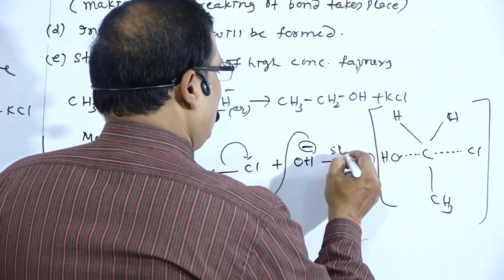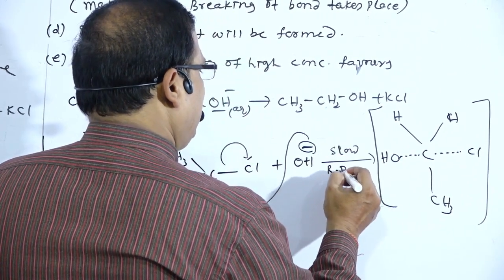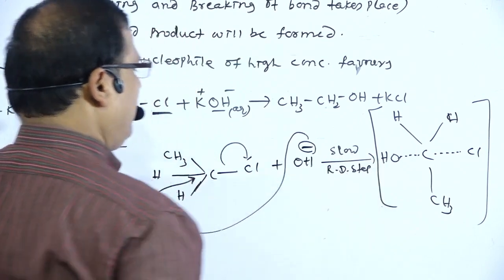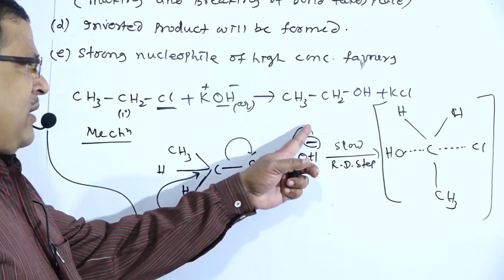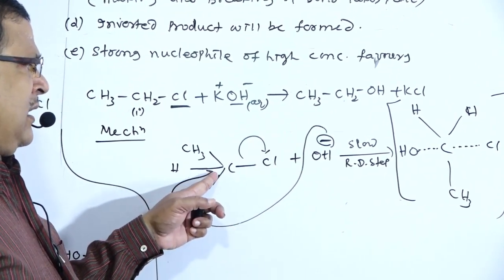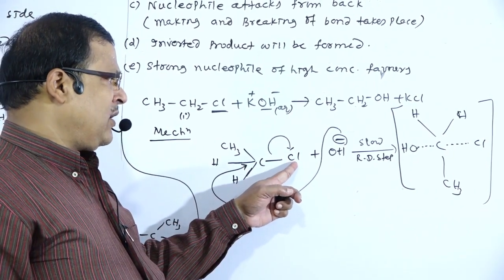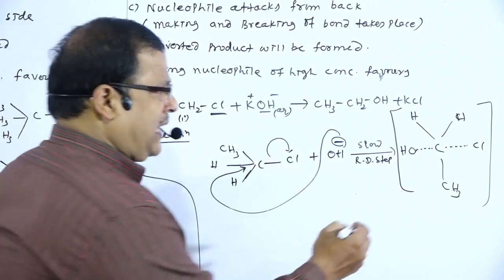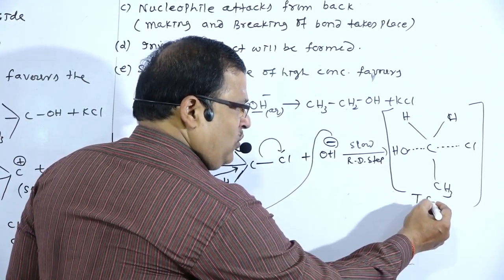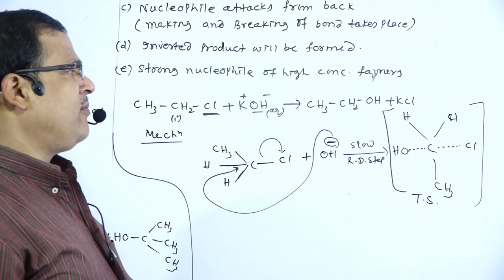That is the slow and rate determining step. That is backward attacking of the nucleophile, the formation of the bond and breaking of the carbon halogen bond, so that it passes through a transition state which is the slow and rate determining step.